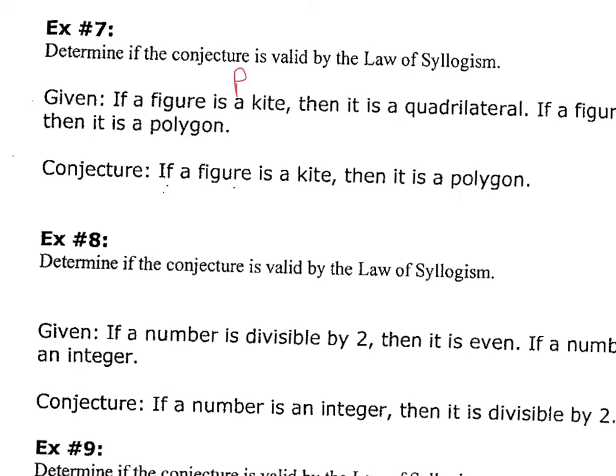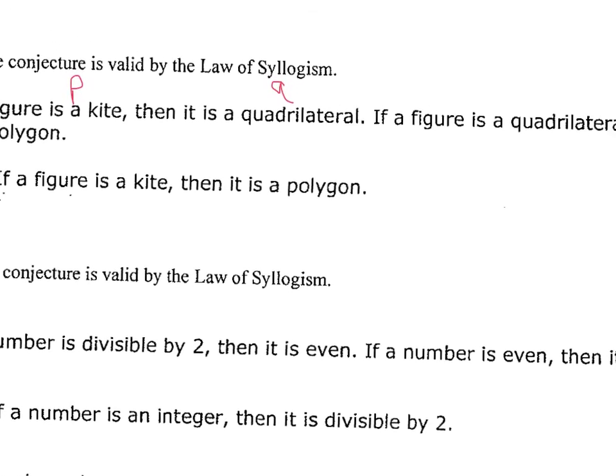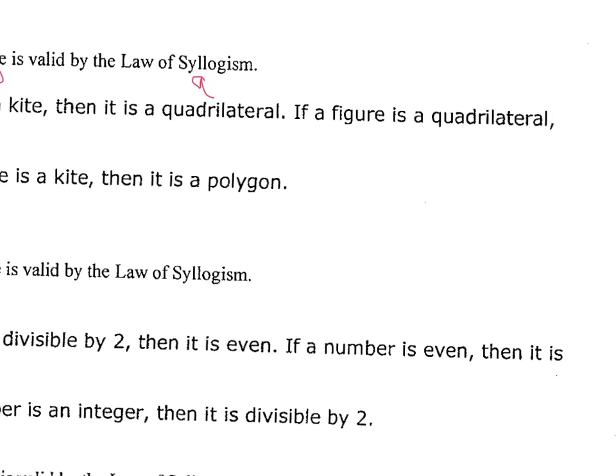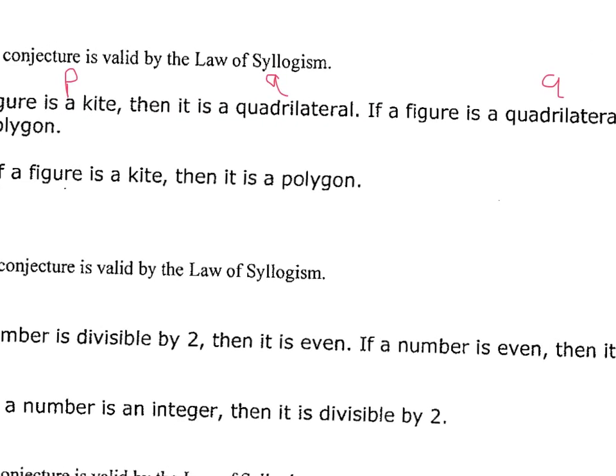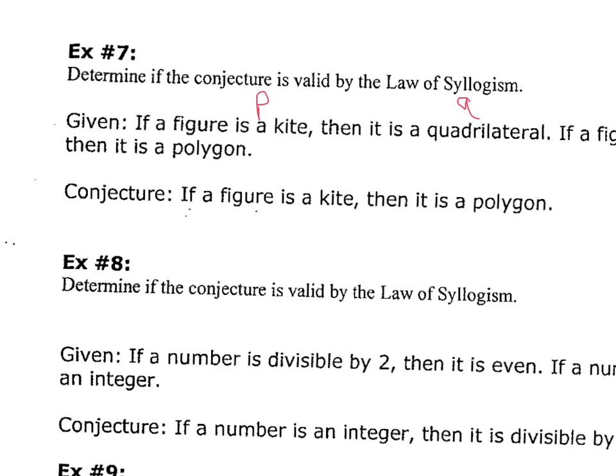After your then statement is going to be your Q, so the quadrilateral would be your Q statement. And it says if a figure is a quadrilateral, once again, quadrilateral is your Q, then it is a polygon. That would be your second then statement, so that one's going to be your R.